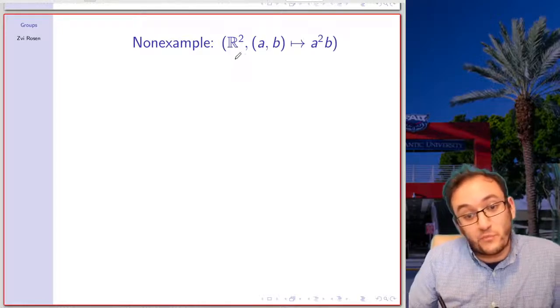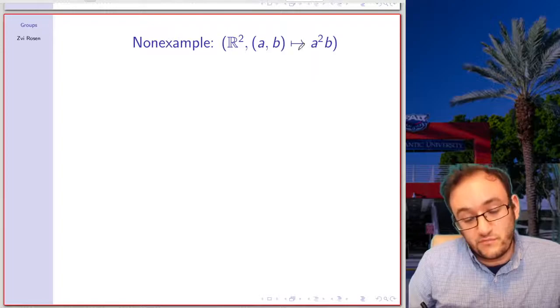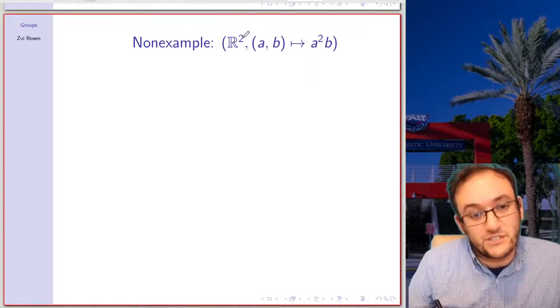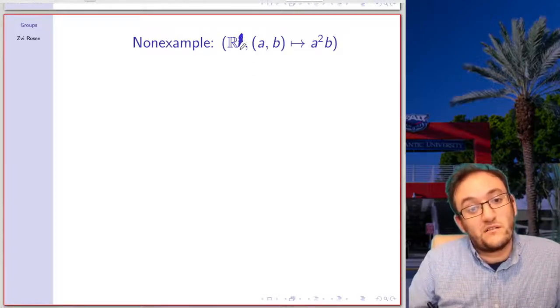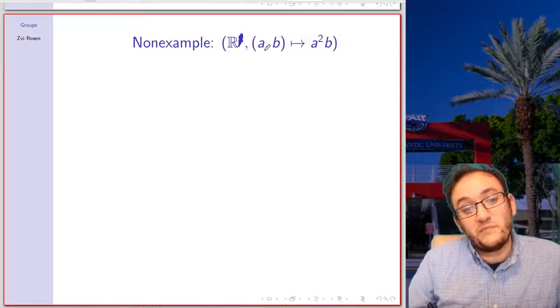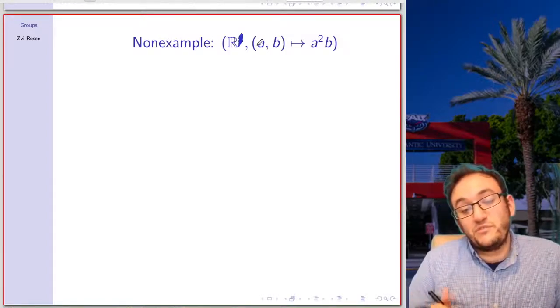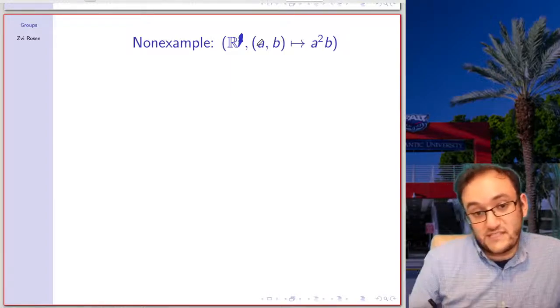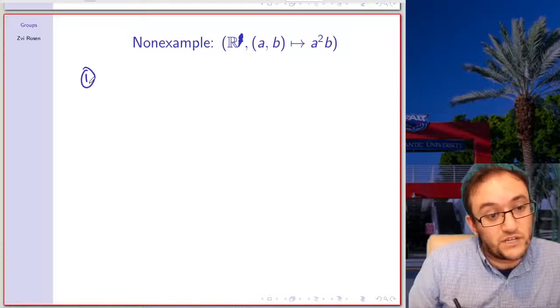We have points in the plane, and we want to send a given point to points in the plane. This should just be R. Elements of R, and then a binary operation on elements of R, taking two real numbers and mapping it to the square of the first times the second.